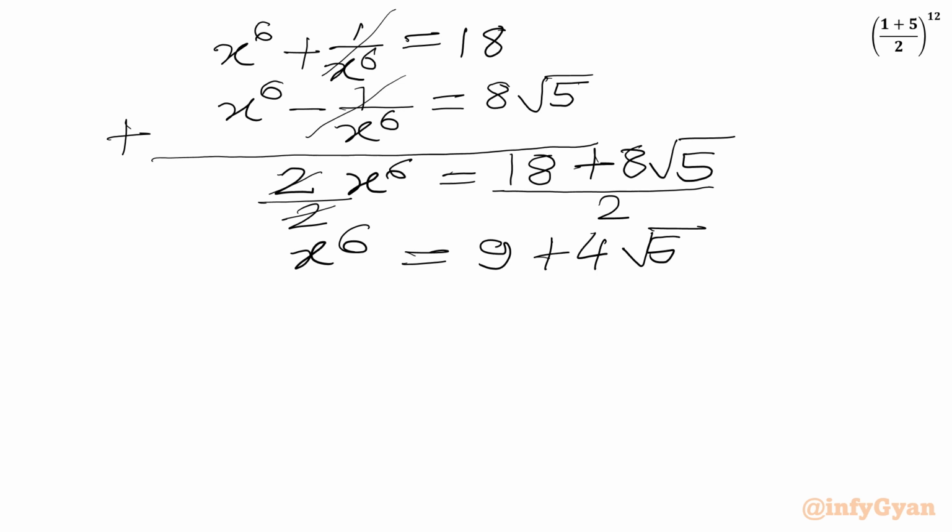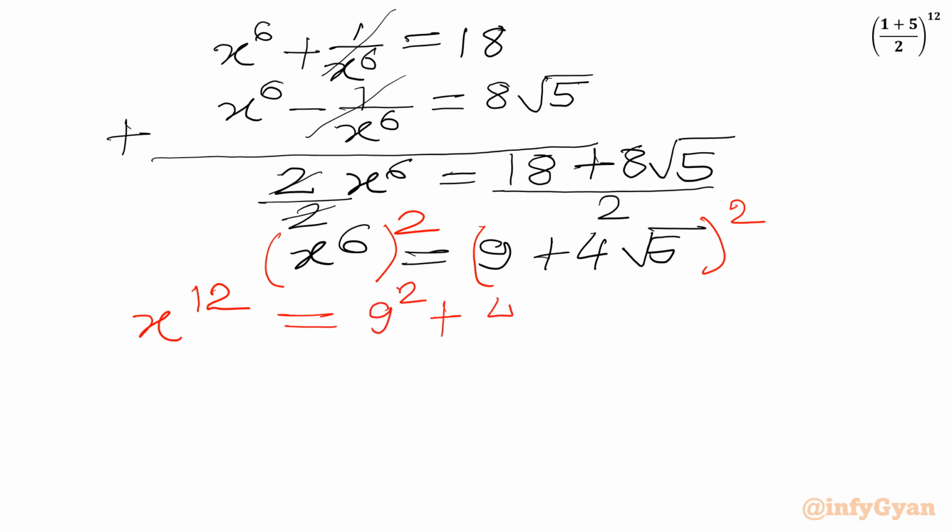Now I will consider squaring for the very last time to get our answer. Now LHS will become x power 6 times 2, so x power 12. RHS will be (9 plus 4 square root 5) whole square, which is 9 square plus (4 square root 5) square plus 2 times 9 times 4 square root 5.